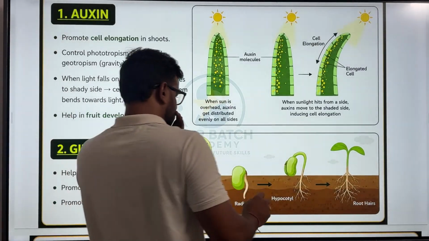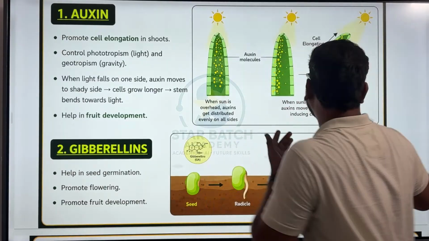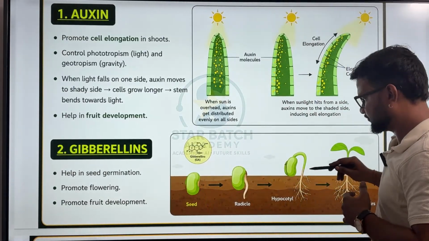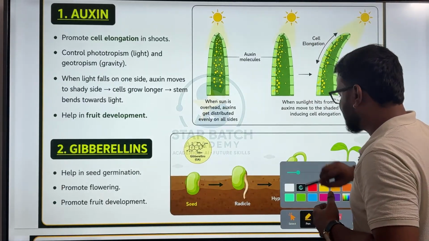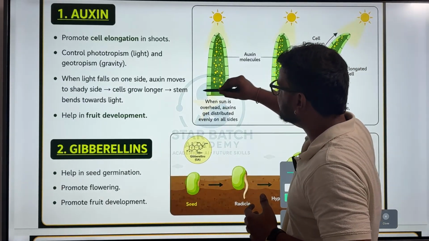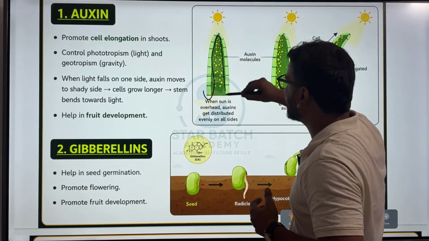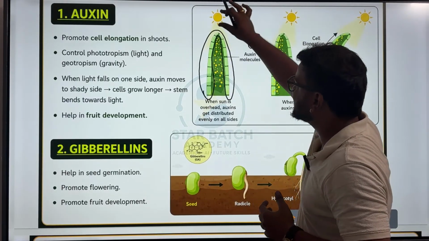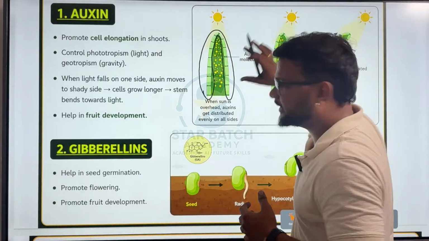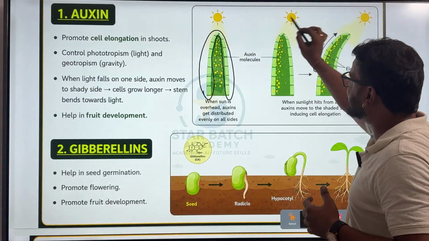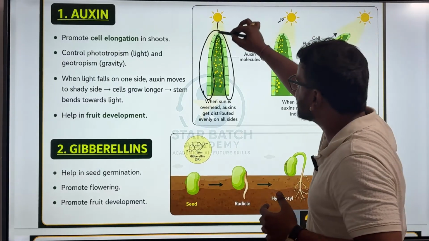See, here we have the auxin. So here what exactly is happening, I'll take this black. Now here the cell is getting, what is happening is, the sun is here, the auxin molecules are here. Once the sun is here, this is the state.